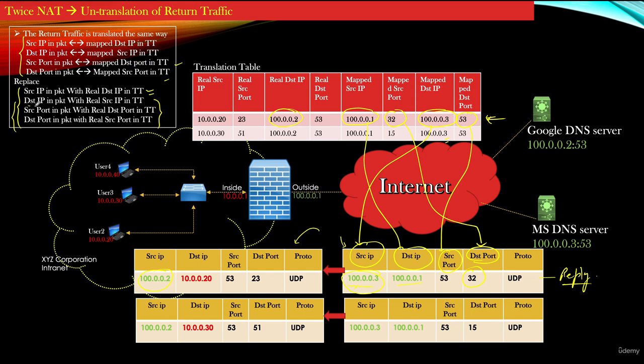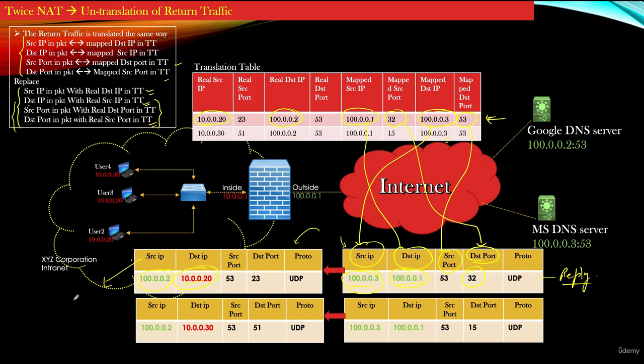Similarly, the destination IP address in the packet is replaced by the real source IP address in the translation table. And similarly, the source port number in the packet has to be replaced with the real destination port number in the translation table, and the destination port number in the packet has to be replaced with the real source port number in the translation table.